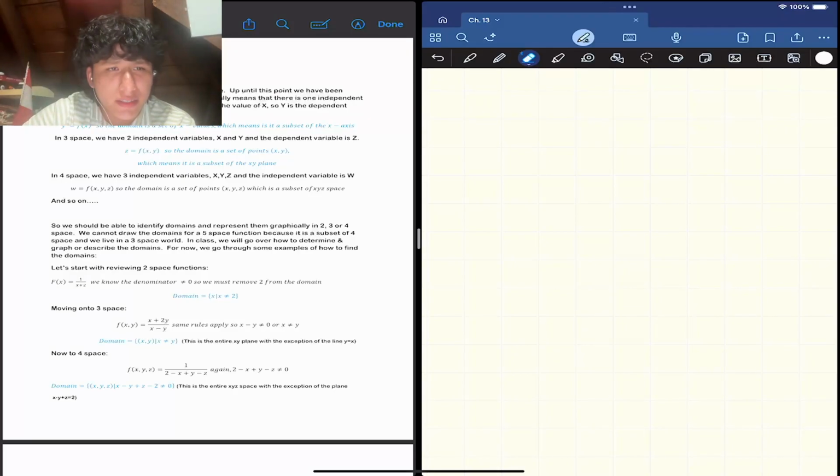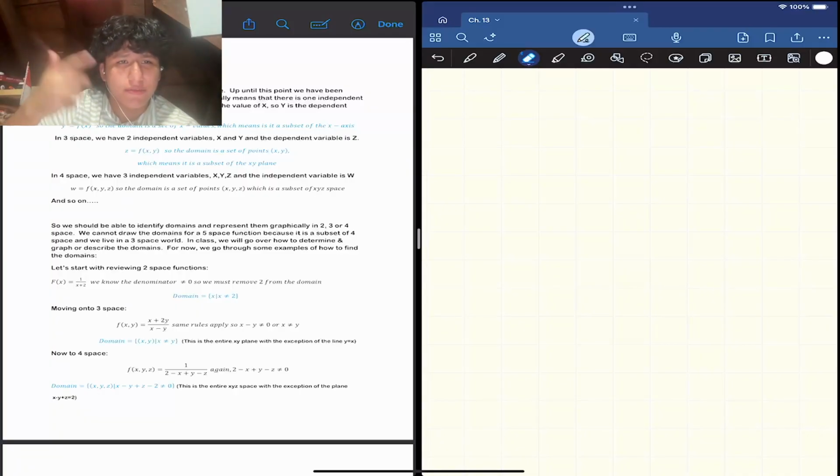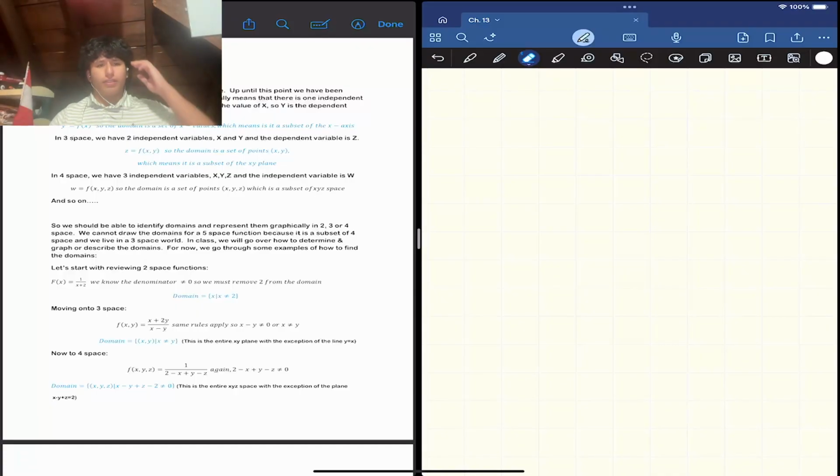4 space. In 4 space, we have 3 independent variables, x, y, z, and a dependent variable, w. w equals f of x, y, and z, so the domain is a set of points. Okay, wait, never mind. I was thinking there was a 4-dimensional plane, and I didn't think we were getting to that point.